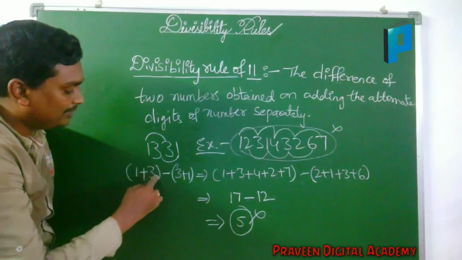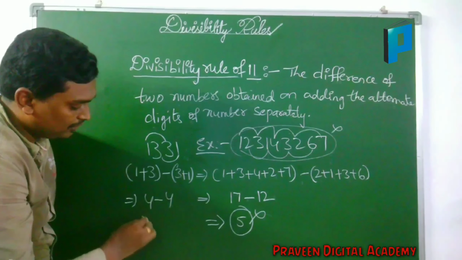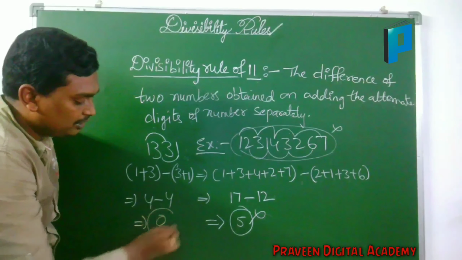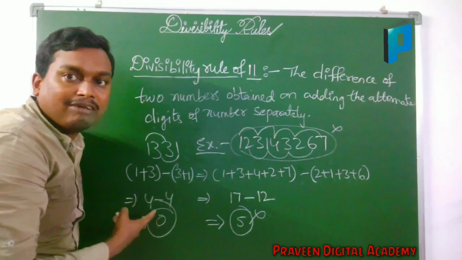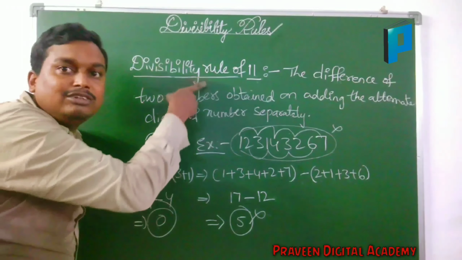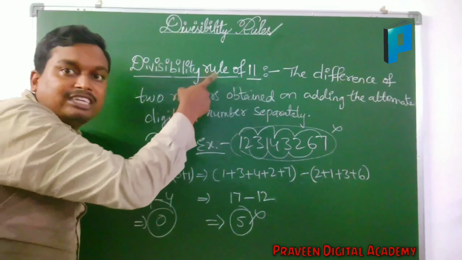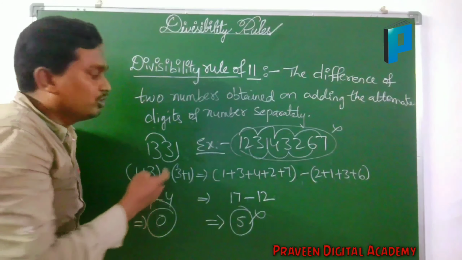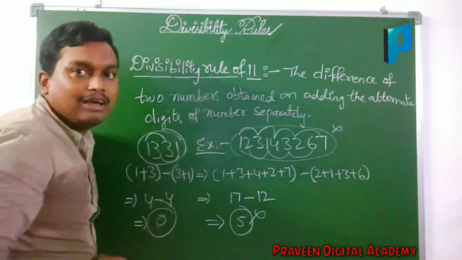What did you get here? 1 plus 3 is 4. Minus 3 plus 1 is 4. What is the answer? 4 minus 4 is 0. This means 0 is divisible by 11. If you are having 0, that number is divisible by 11. Then you can say 0 is a number which is divisible by 11. So the total number 1331 is divisible by 11.